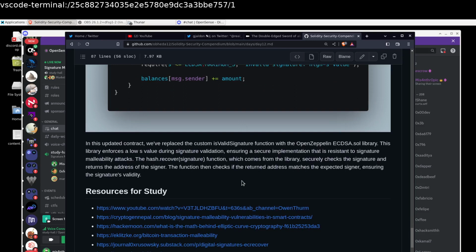In this updated contract, we replace the custom invalid signature check with a function from OpenZeppelin. This library enforces a low S value during the signature validation, ensuring a secure implementation that is resistant to signature malleability attacks. The hash recover function, which comes from the library, securely checks the signature and returns the address of the signer. The function then checks whether the returned address matches the expected signer, ensuring signature validity.